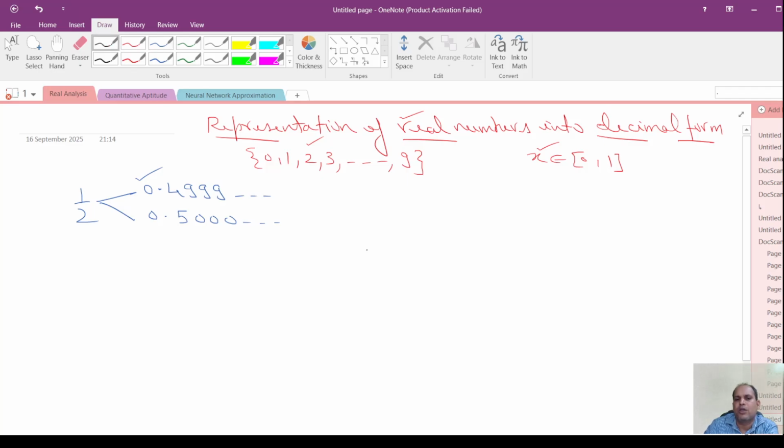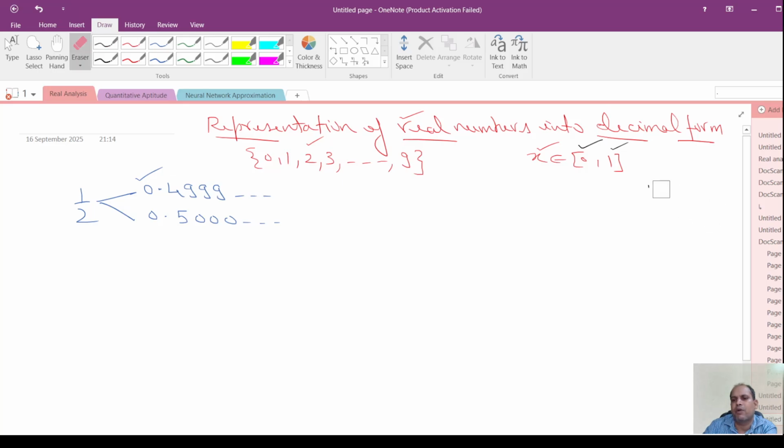We will start with the unit interval. Suppose we have any other number, say 5.5. If I know the representation for x equal to half, say 0.5, then I can add 5 to it and we will have the representation of 5.5. And if we take the boundary points, I can write 1 as 1.000 and 0 as 0.000 and so on.